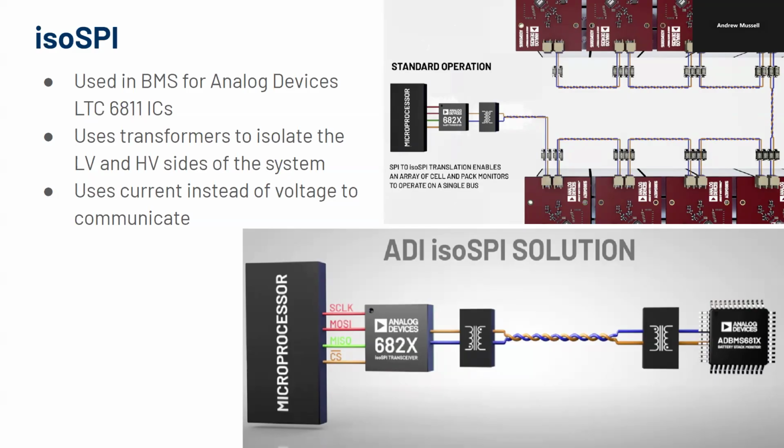The LTC 6811s are the chips that we currently use on our battery pack, but we're switching away from those. But I think the AD-BMS chips still use isoSPI.